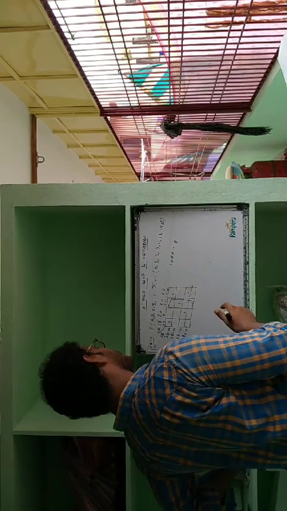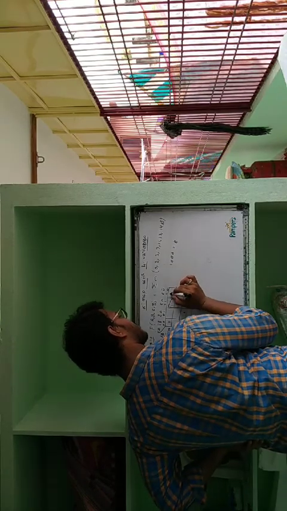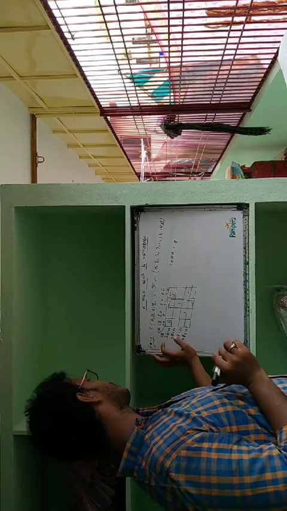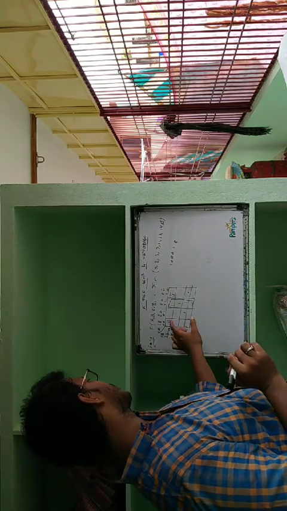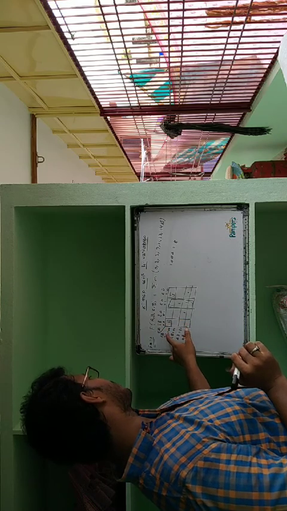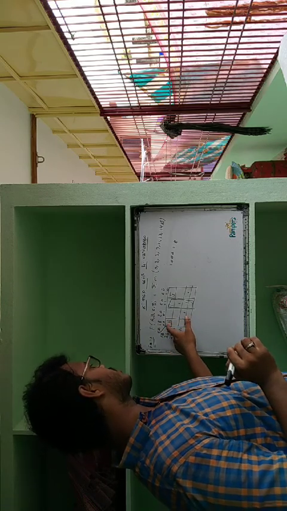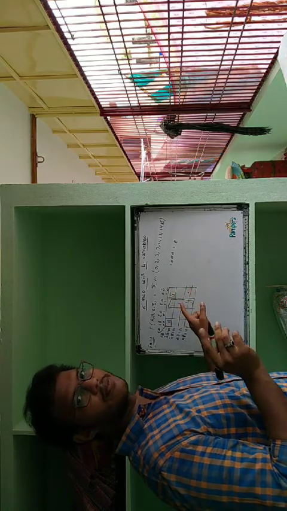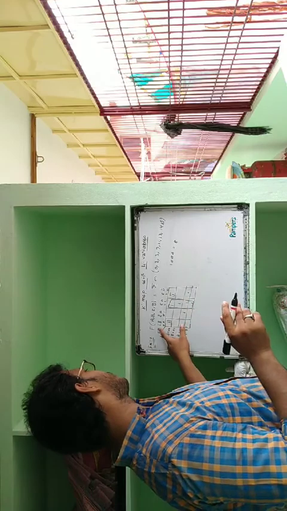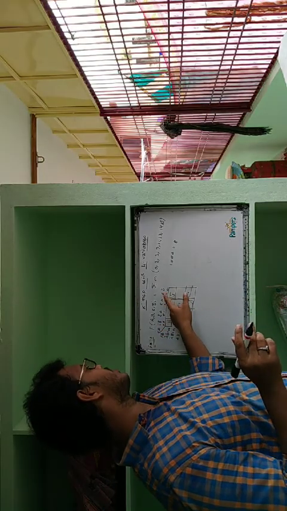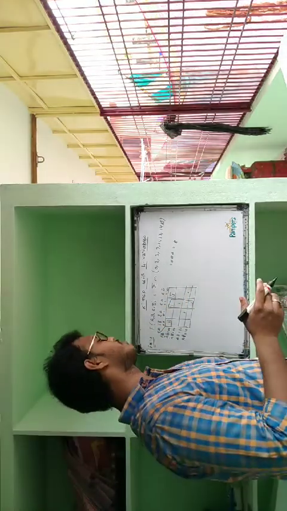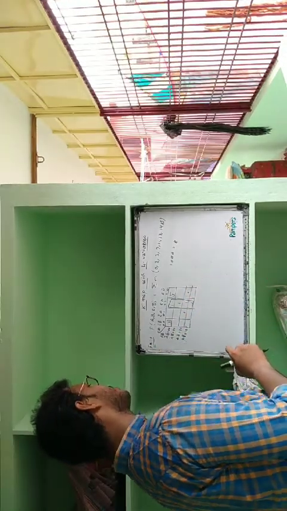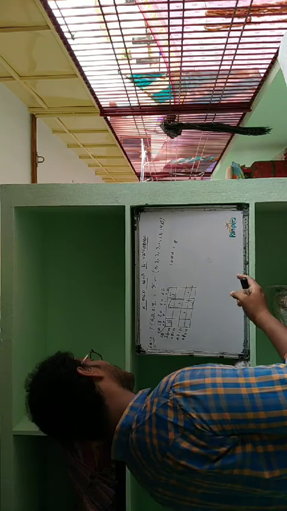Next, this one can be paired like this, because if you see, A bar B bar is constant in m0 cell and m2 cell, only C is varying, and D is also constant. So we can make a pair.